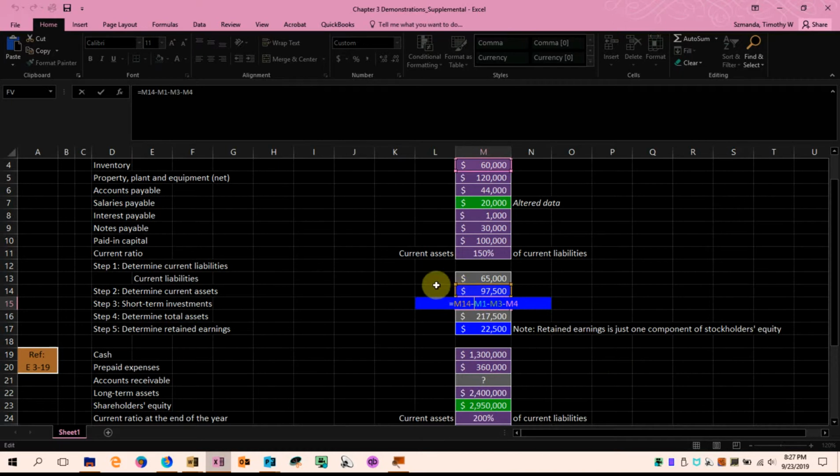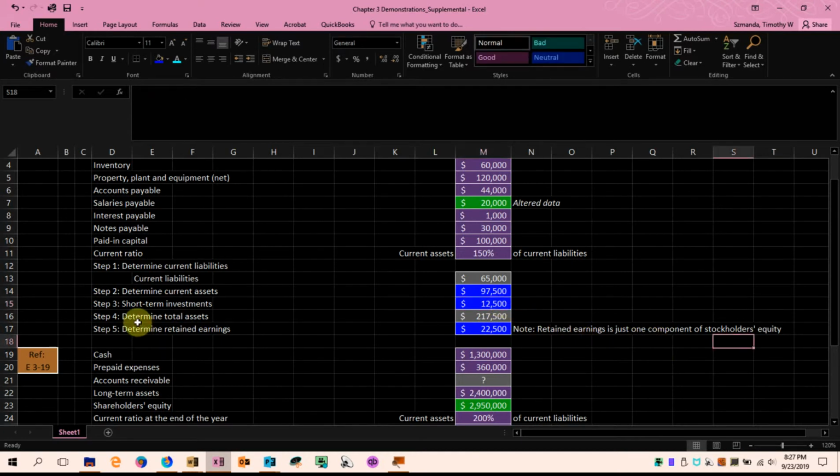Well, if we're given our total current assets, and we're given all of the other current assets except the short-term investments, then we can just deduct all of those current assets that we know about from the total of $97,500, and that will give us the short-term investments, in this case of $12,500.